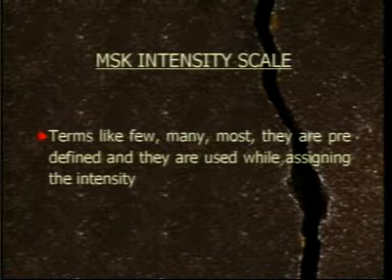Then we see the damages in the buildings. The damages are of different grades, and as per the MSK scale, they are categorized in 5 different grades. Grade 1 damage means slight damage.